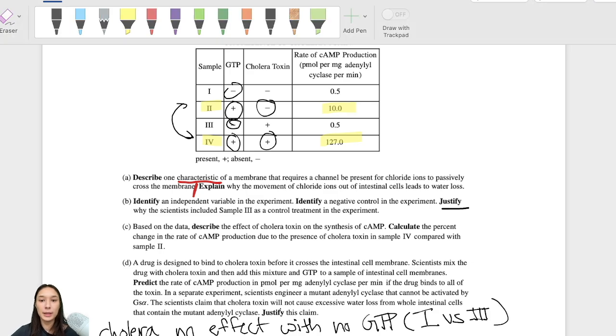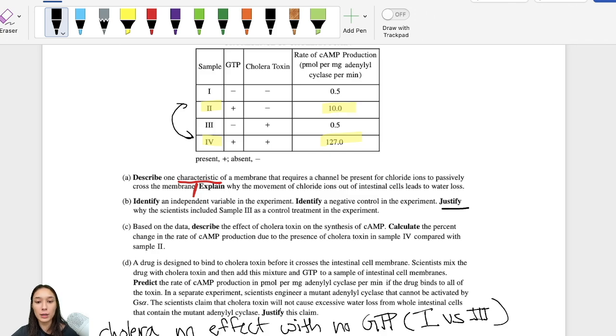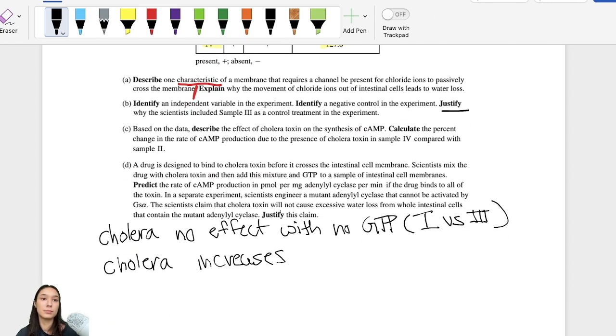And then for the next one, cholera has an effect if you are comparing 2 and 4. So you didn't have to put both of these, you just had to put one or the other. So you can say cholera increases cyclic AMP with GTP.